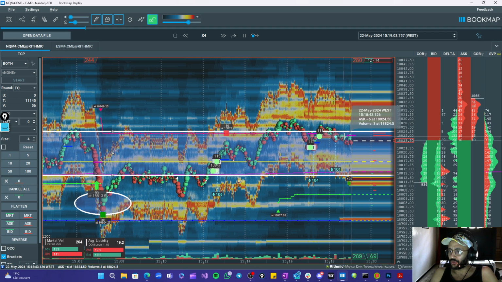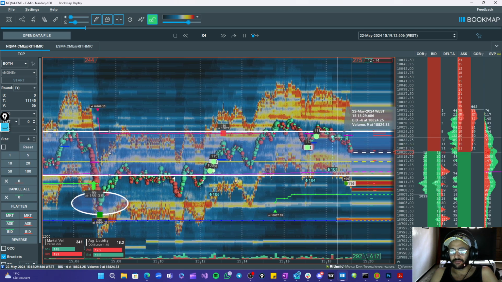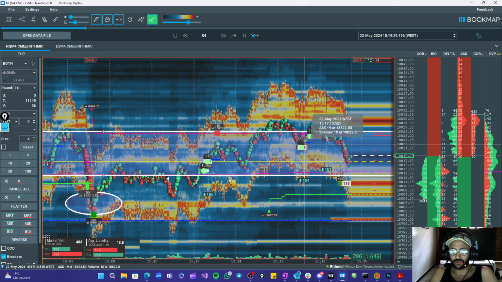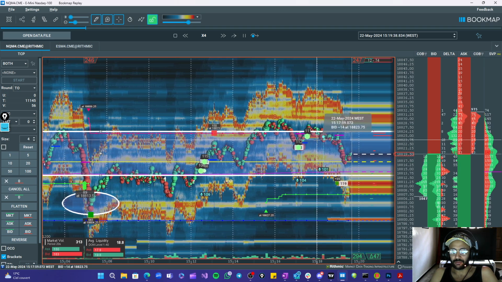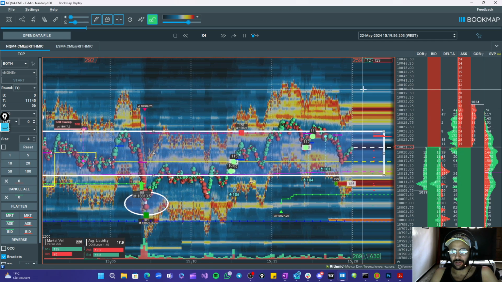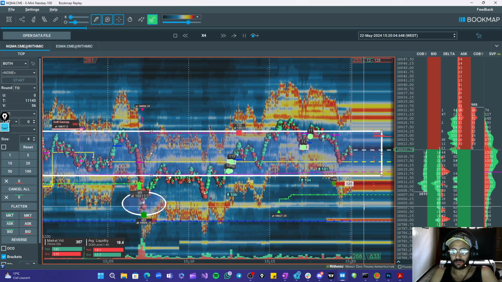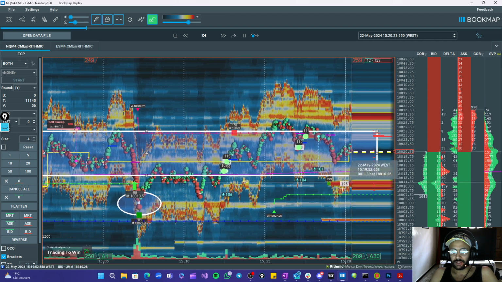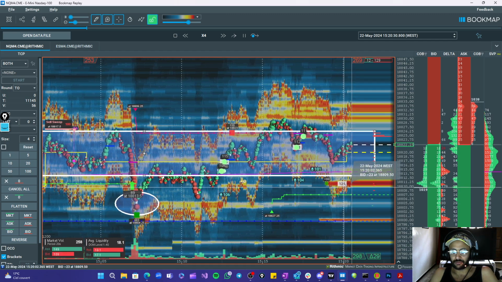It's a good sign, but not a confirmation, because we can see that bidders are bidding over here in the highs. So let's see if we are going to break here or over here. And we can see over here that we have a bidder also.